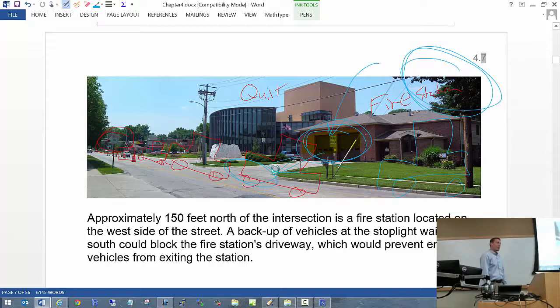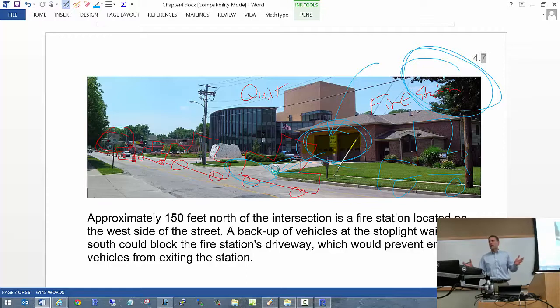So, perhaps people who are in transportation might be interested in this. At least for me, from a statistical point of view, I'm interested in knowing, on average, how many cars would be stopped at this intersection? Because this will tell me, especially if I'm a city planner, whether I need to redesign some things here to deal with the fact that these cars could be blocking the driveway for the fire station.